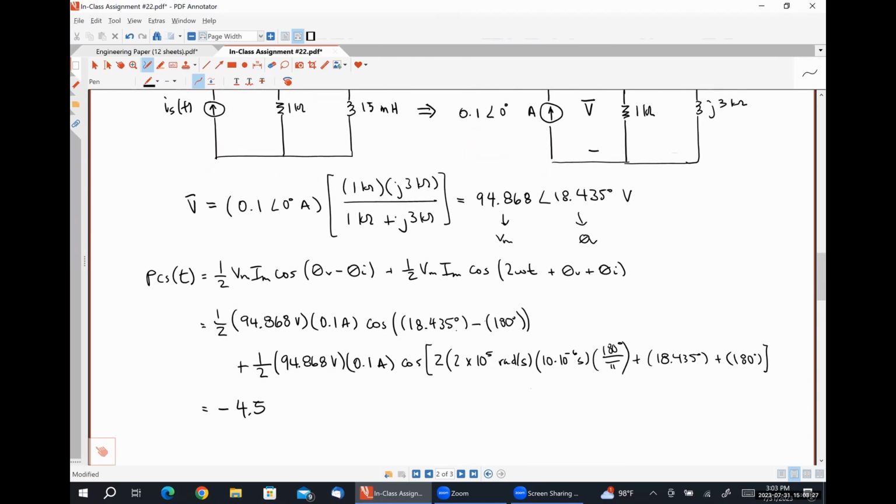Get something so wildly off. Let me double check this real quick. 1/2, 94.868, 0.1. Well, that is X. X times cosine 18.435 minus 180.